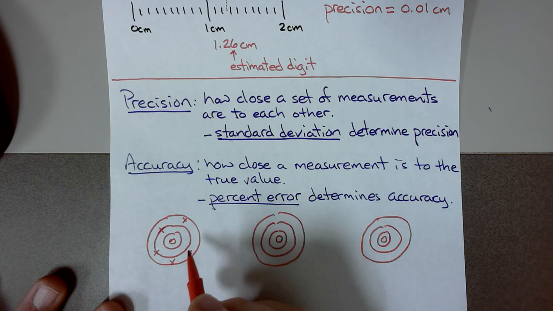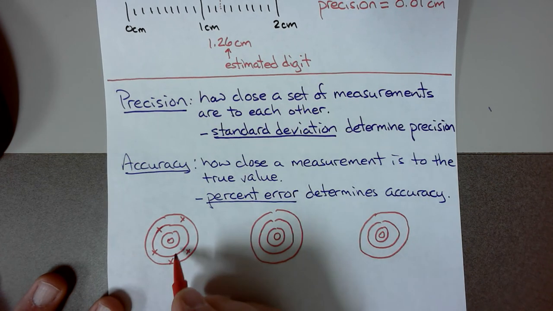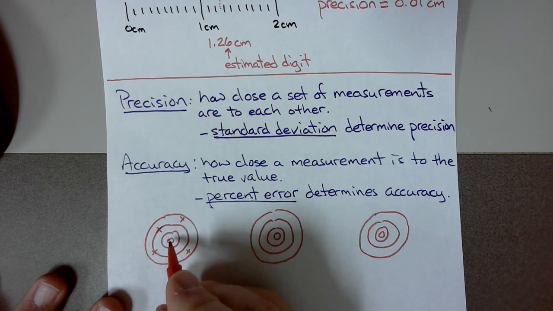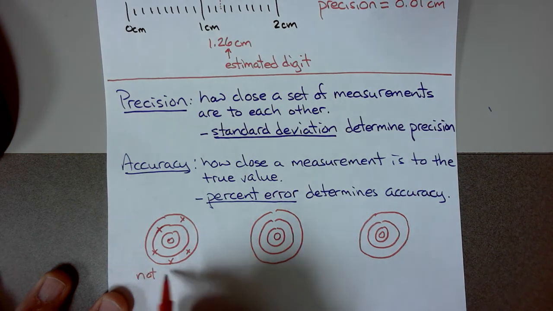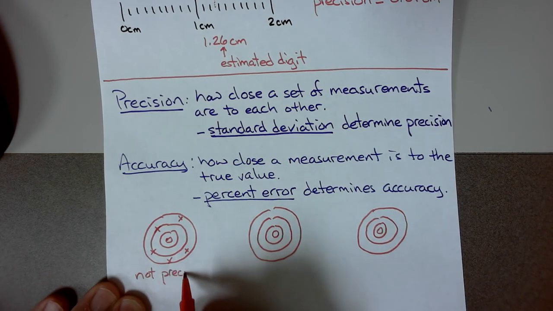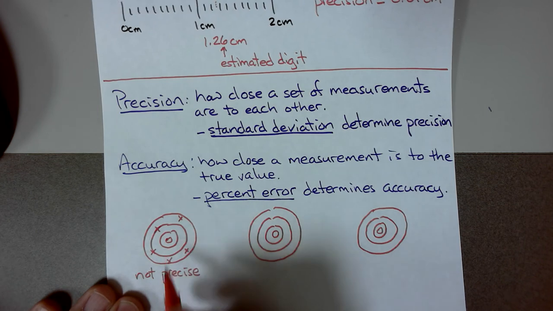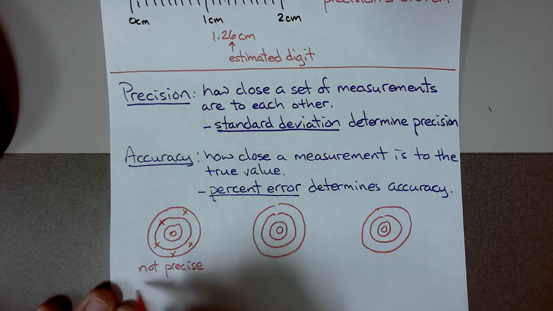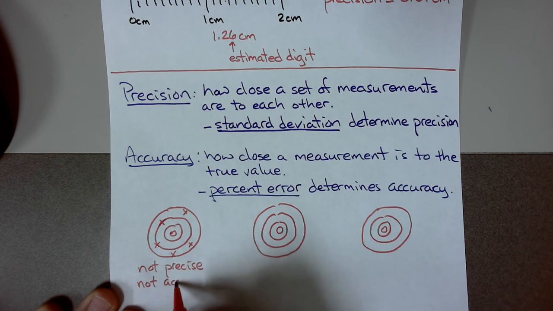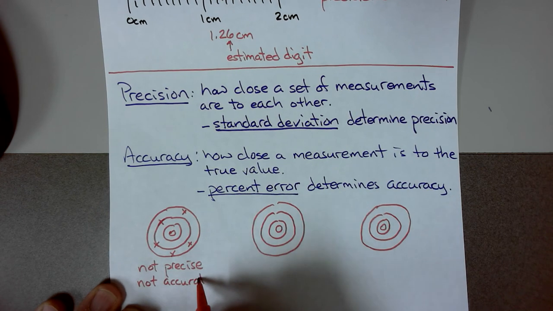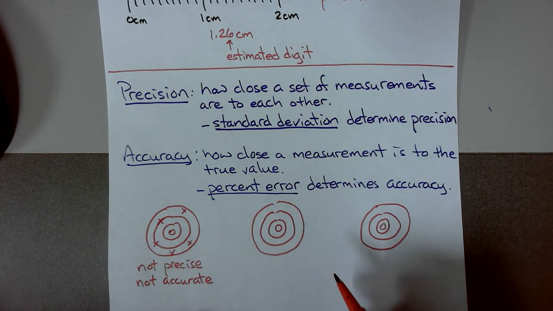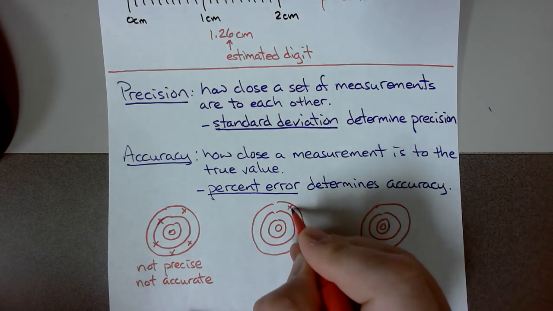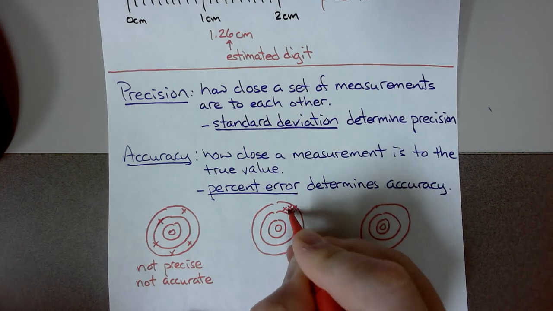These are very far apart. They're not close together, they're not grouped together, and they do not hit the target or true value, which is the bullseye. So these are not precise because they're not close together, and not accurate because they do not hit the accurate or true value, which is the target in this case. But let's say we shoot again and all 5 of our shots hit right there.